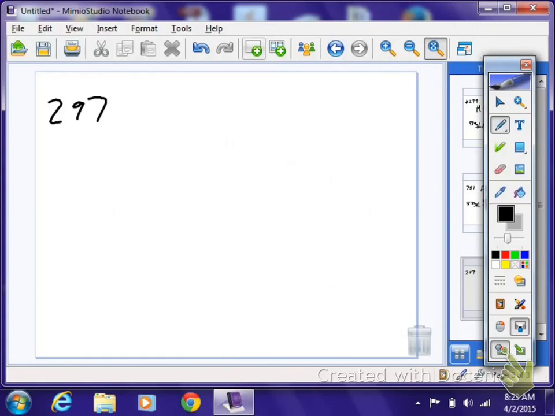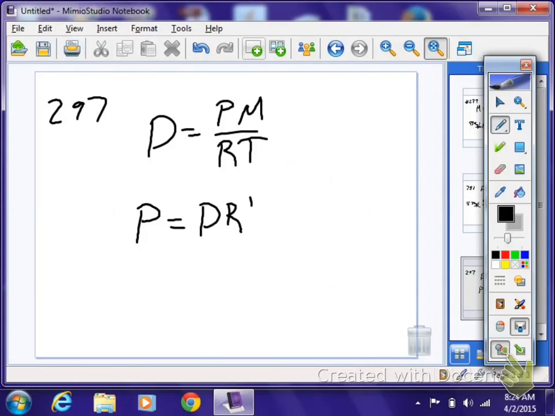Well, it has density, so we've got to use that equation, the density equation. So we start out looking at the density equation, maybe have to rearrange it. PM over RT. So that one is looking for pressure. So pressure equals dRT over capital M. Right? So our D is 2.7.